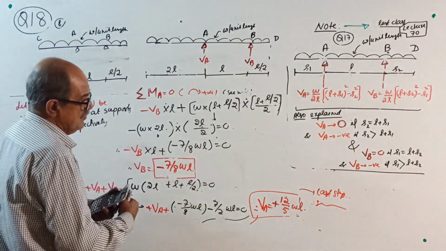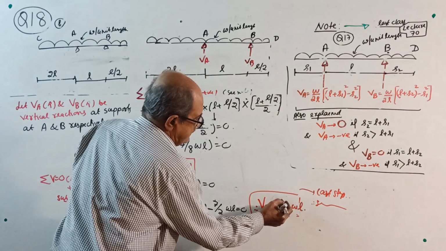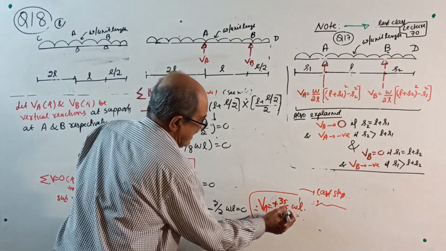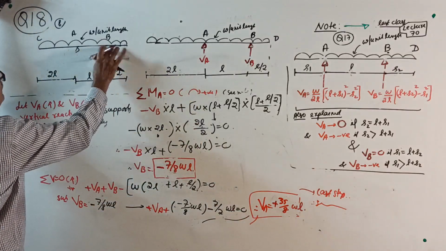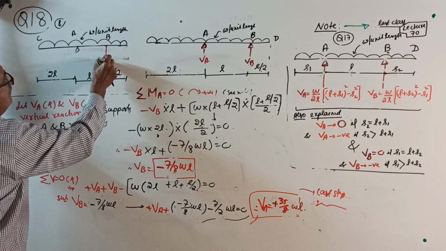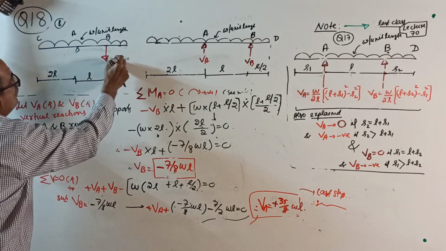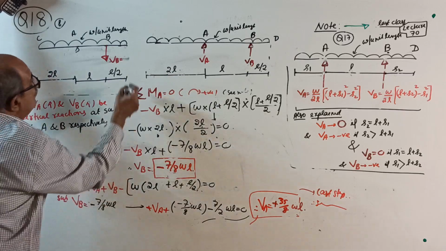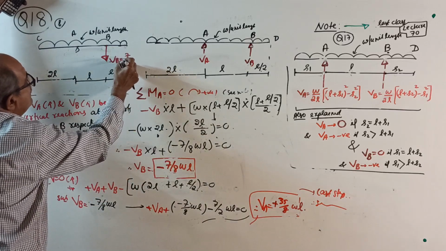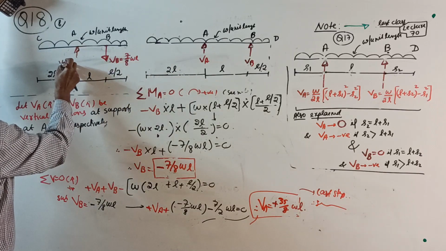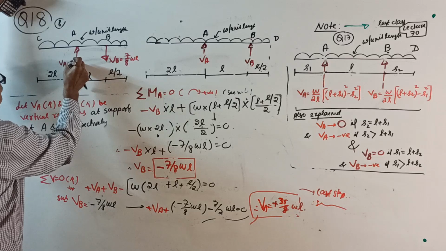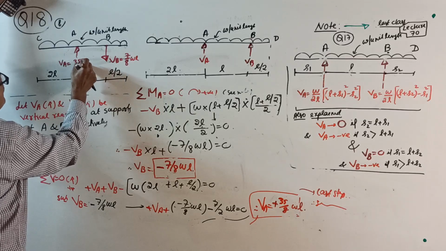Take that side, it will become plus 35 by 8 WL. Now write the answer. Your VB is negative, down: VB equal to 7 by 8 WL, and VA is positive, equal to 35 by 8 WL.